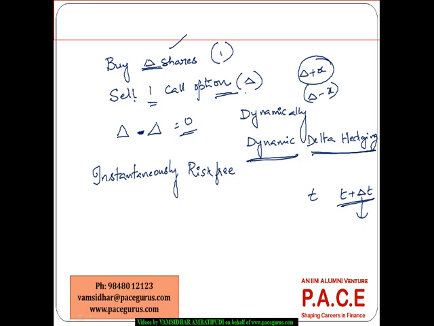Because I can predict this with much certainty for a very short period of time, we call the delta hedged portfolio instantaneously risk free. But as the time period keeps increasing, and as the change in the price of the security is very high, delta also keeps changing on a dynamic basis.